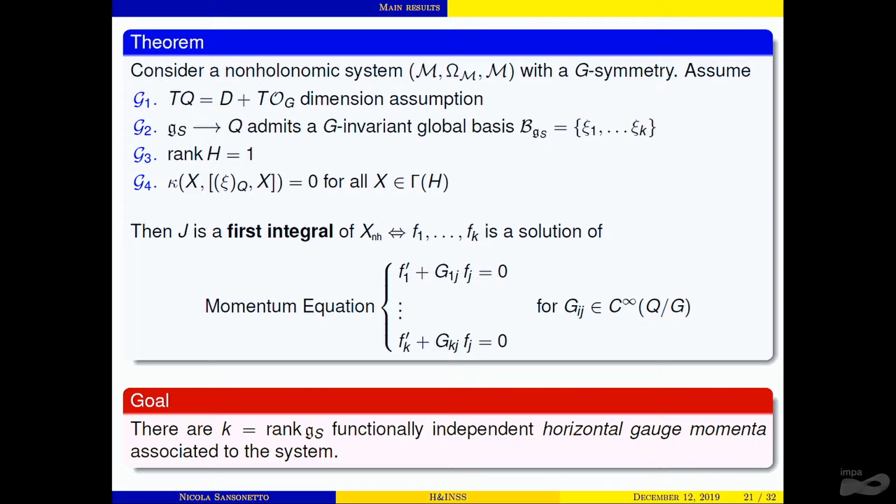The main result is the following. We consider a nonholonomic system with a G symmetry, and we assume the following. The first is the dimension assumption that gives a lot of information. Then we assume that this bundle admits a G-invariant global basis. The G-invariance is not a hypothesis in this case, it is a property that it has.